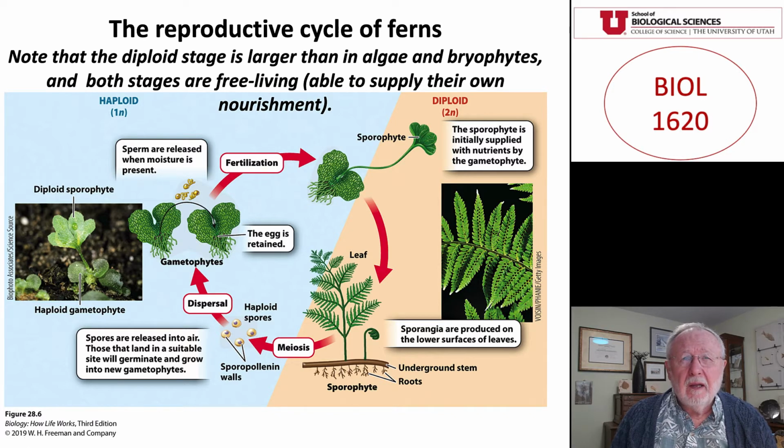Only here we begin to see a change in the dominance of one form of this alternation of generations versus the other. In algae and in the bryophytes, the dominant portion of the life cycle, the part where most of the time is spent, is the gametophytic stage. However, by the time we get to the ferns, there's a reversal, and the dominant form is now the sporophytic form.